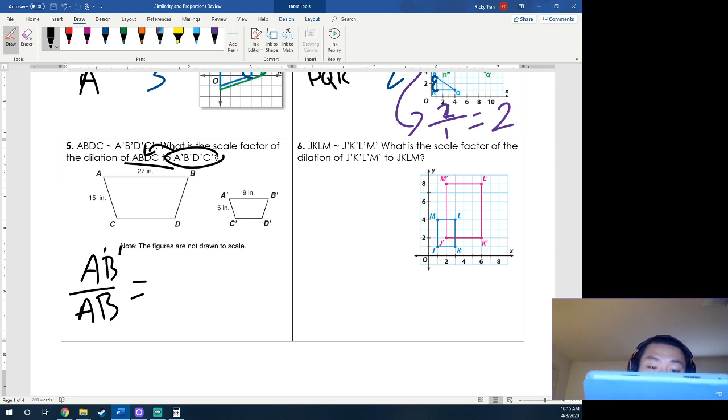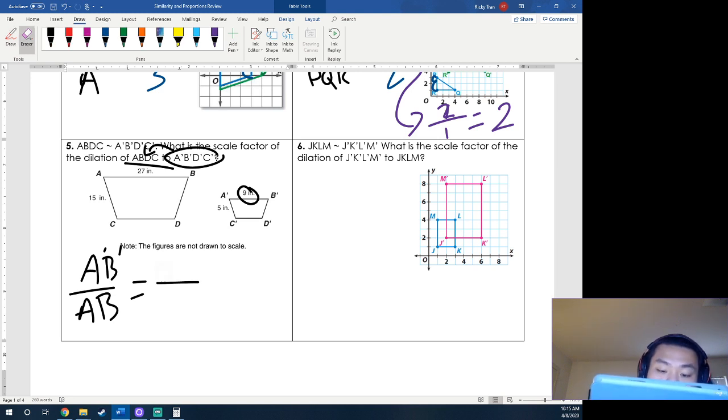Okay, so if we look at the prime, we have 9 for AB. And then we have, let's make a different color, 9, then we have 27. So if we simplify this, this becomes 1 over 3.